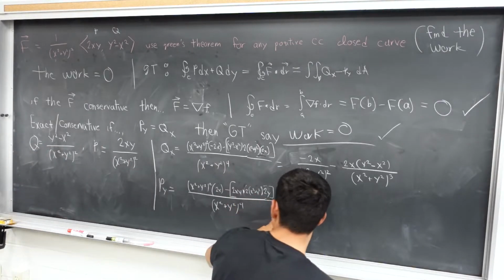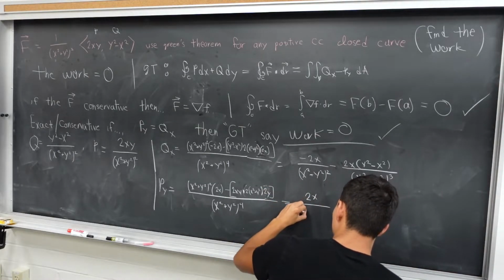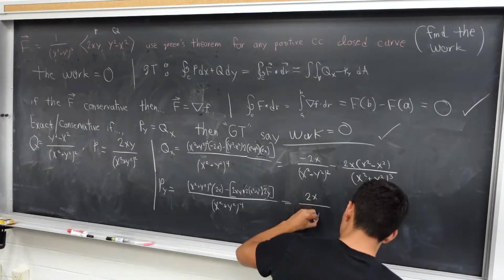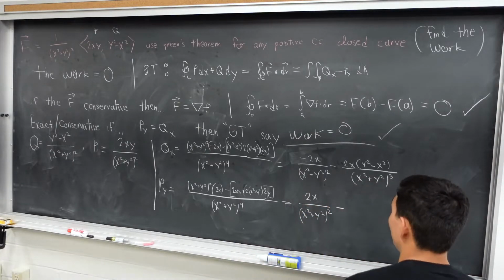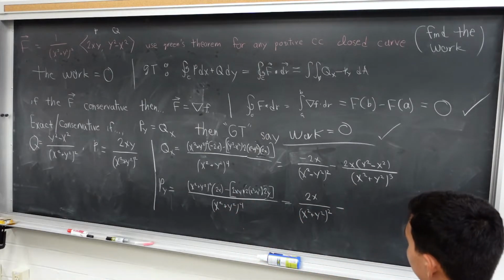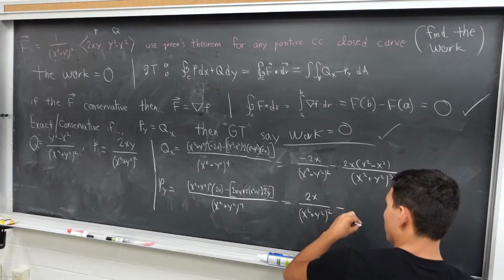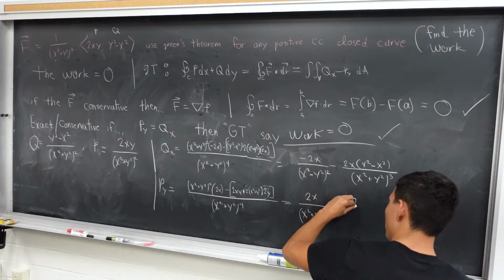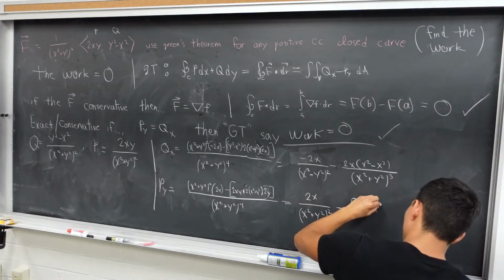Let's write this down a little bit differently. Now it's going to be 2x (x squared plus y squared), squared, minus what? 2y, 2xy. What happens here? Times the 2, it's going to be negative 8xy squared.